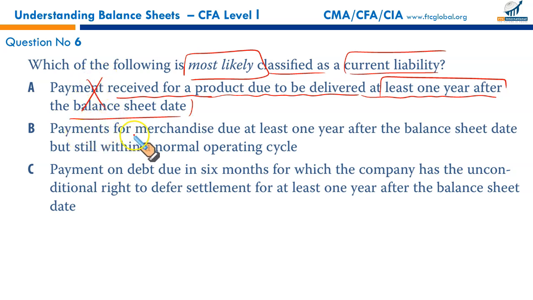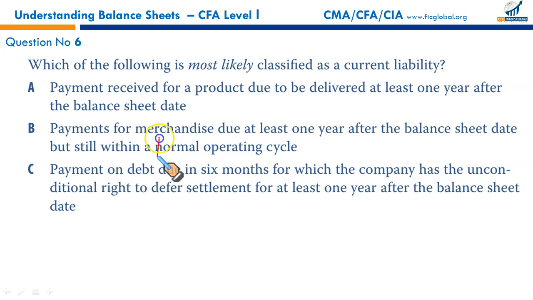B: Payments for merchandise due at least 1 year after the balance sheet date, but still within the normal operating cycle. Since it's within the operating cycle, or 1 year, whichever is longer, this criterion determines whether an asset or a liability is current or non-current. If a liability is to be settled within 12 months or the operating cycle, whichever is longer, or if an asset is used up or converted to cash within 1 year or the operating cycle, whichever is longer, that is a current asset.